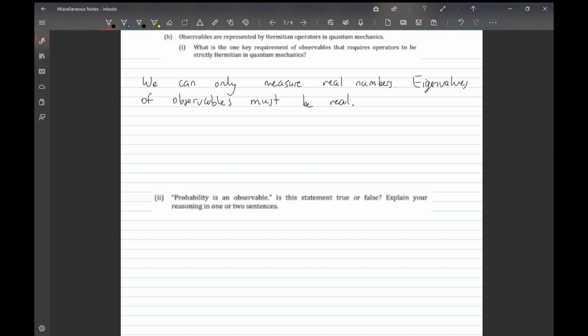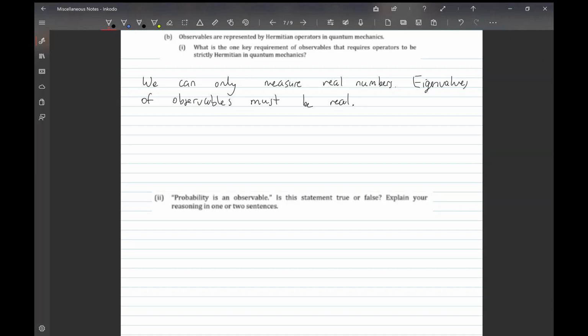Now, how do we guarantee this? It's a theorem of linear algebra that says if you take a linear operator and you take it to be self-adjoint or Hermitian, then the eigenvalues of that operator are always real numbers. So this is why we take our operators, our observables in quantum mechanics, to be Hermitian linear operators.